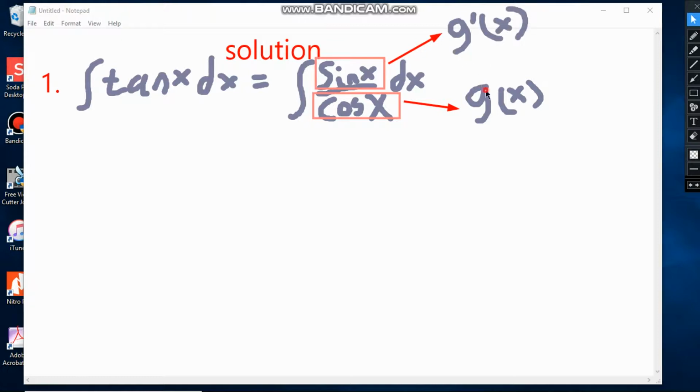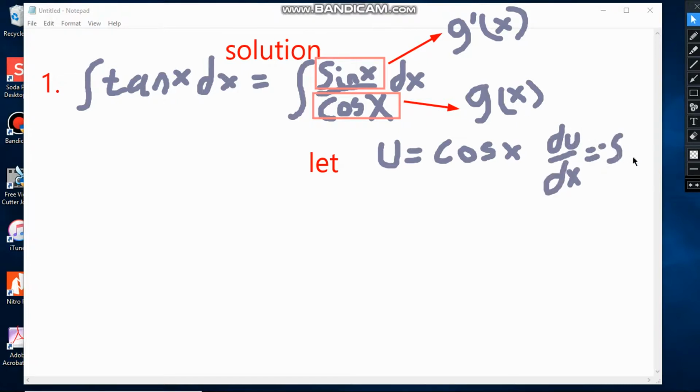So I let u, or any variable, equal g of x, which is equal to cos of x. So let u is equal to cos of x. When I differentiate, du dx, I get negative sine of x.